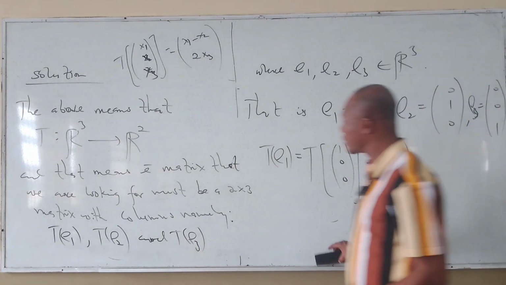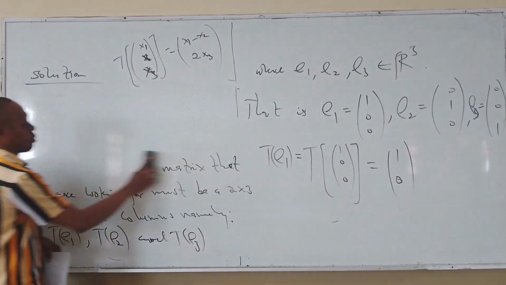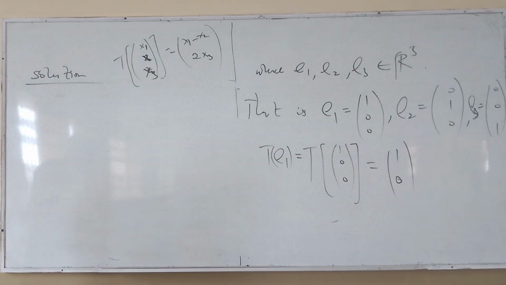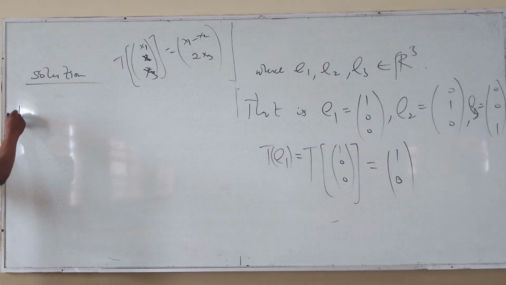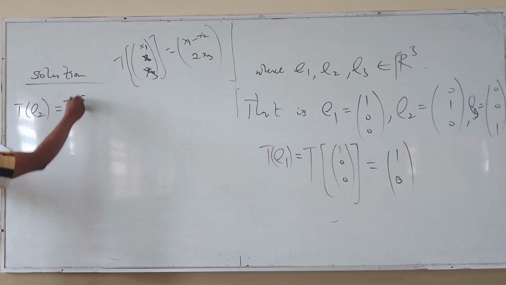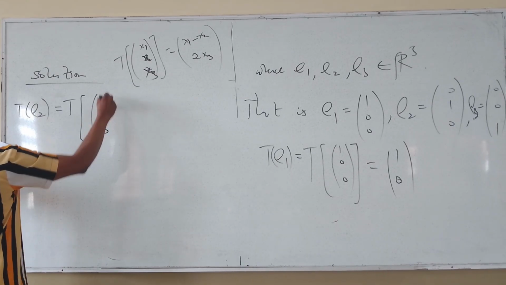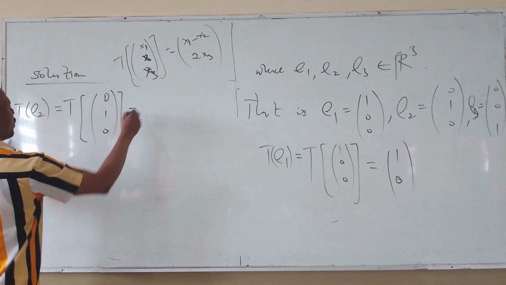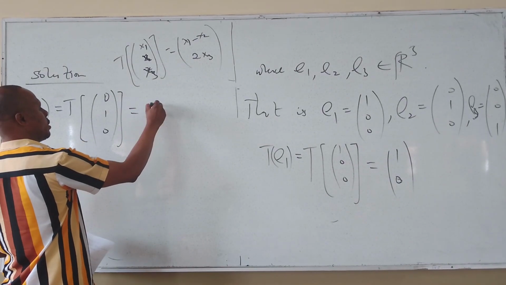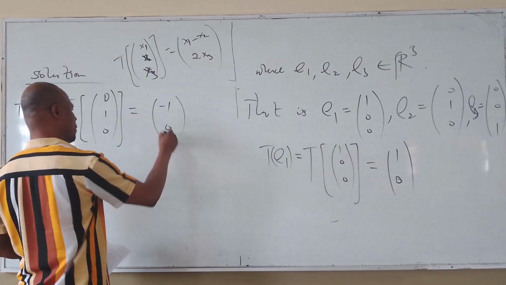We move on to T of U2. T of E2, where E2 is 0, 1, 0. By definition, the first component is x1 minus x2. That will be negative 1. Twice the third one, 0.